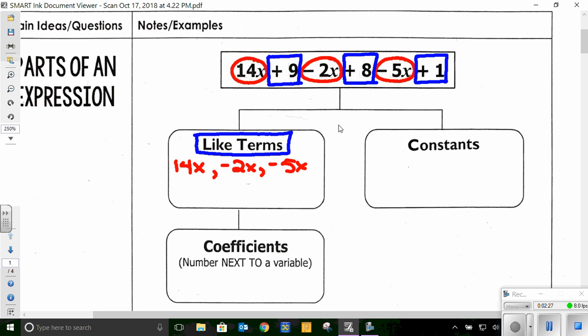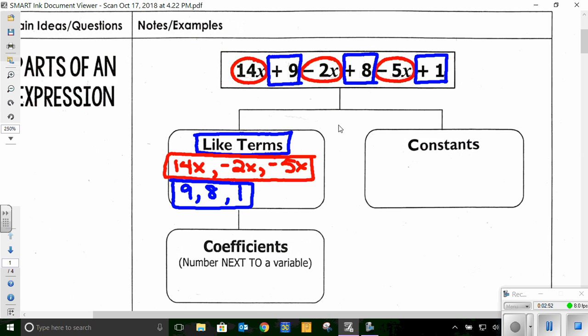So the other like terms I have are a 9, an 8, and a 1. So when we're talking like terms, all of these are alike. All three terms that have a variable, they are all alike. They go together. And then my three constants here, they go together. So those are my like terms, and I have taken care of all of my terms.